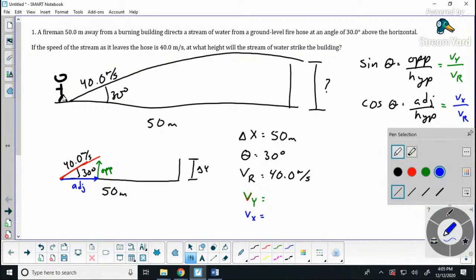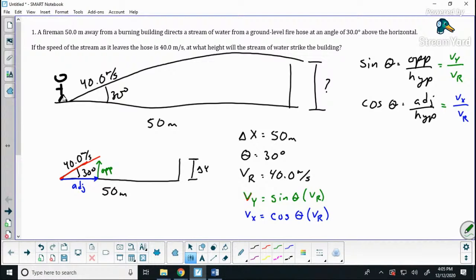And rearranging, I can solve and say velocity in the x would equal cosine of theta times velocity of the resultant, and velocity in the y is sine of theta times the velocity of the resultant. And then we can work that math out.